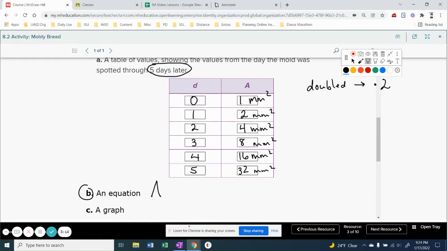So we start with our area, our total area equals the starting value times our growth or multiplier to the power of d, since that is our variable. The number of days determines the area. Ooh, that sounds familiar.